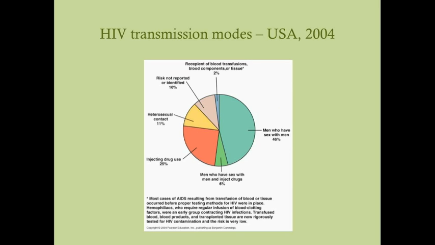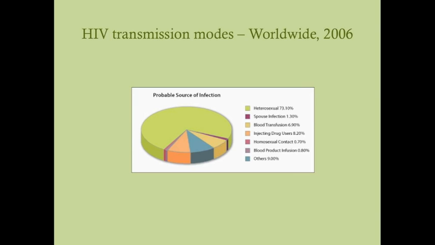Now, how is HIV transmitted? In the U.S., about half of it is going to be men who have sex with men. The rest is going to be through IV drug use and heterosexual contact. But compare this to worldwide. Worldwide, the common source of infection is by far heterosexual contact.